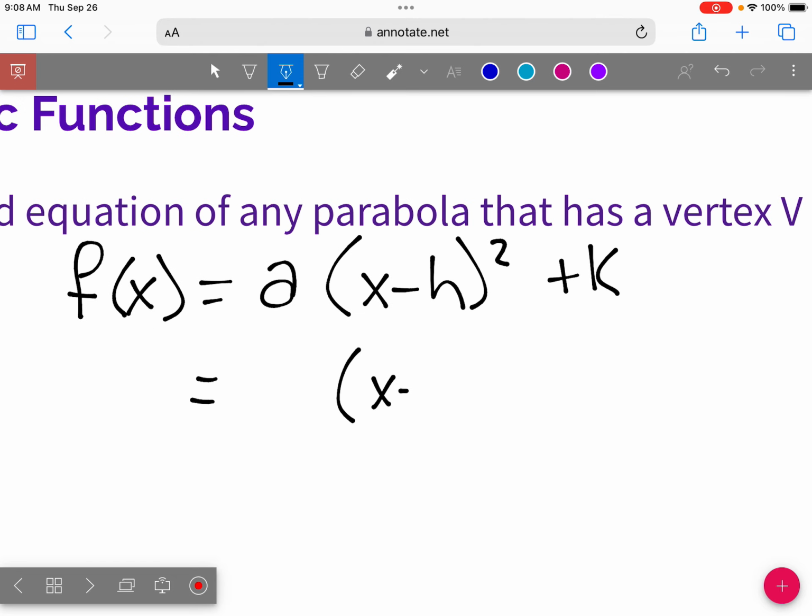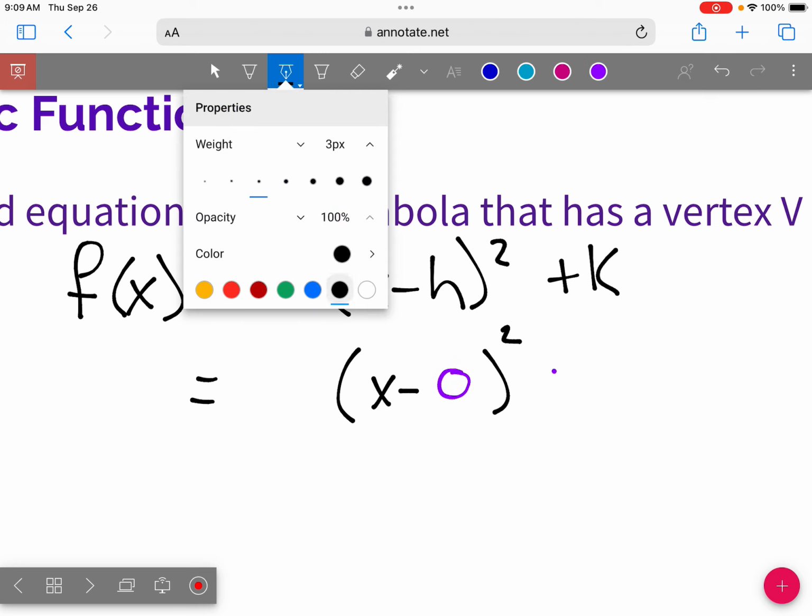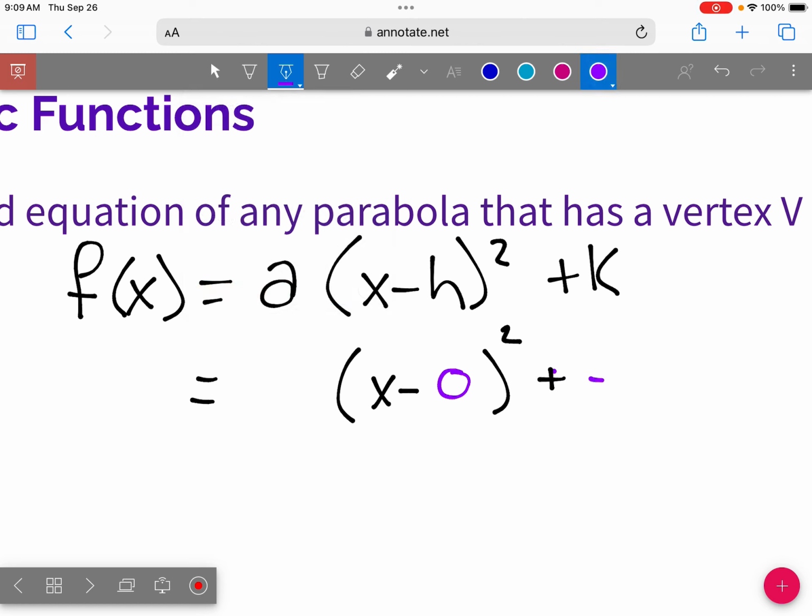So what's going in for our h? 0. What's going in for our k? -2. So we're adding -2. And we're keeping the letter a here. That's what makes it any.